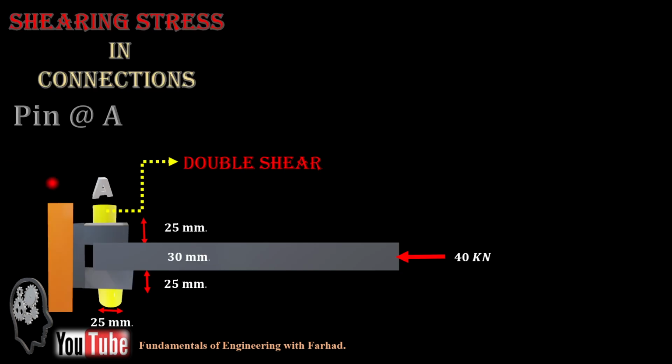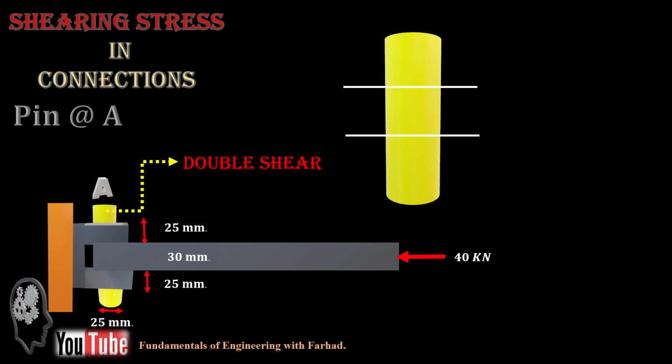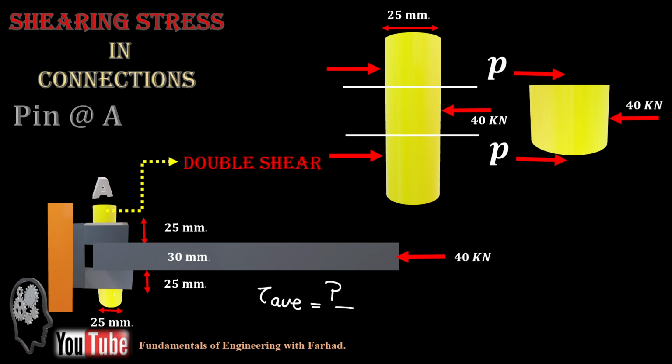Now let's jump to the connection at A, where the pin is in double shear with a compressive force of 40 kilonewtons applied at both ends. If our pin is in double shear, with the same cross-sectional area, tau maximum, or tau average, is the force over the area.